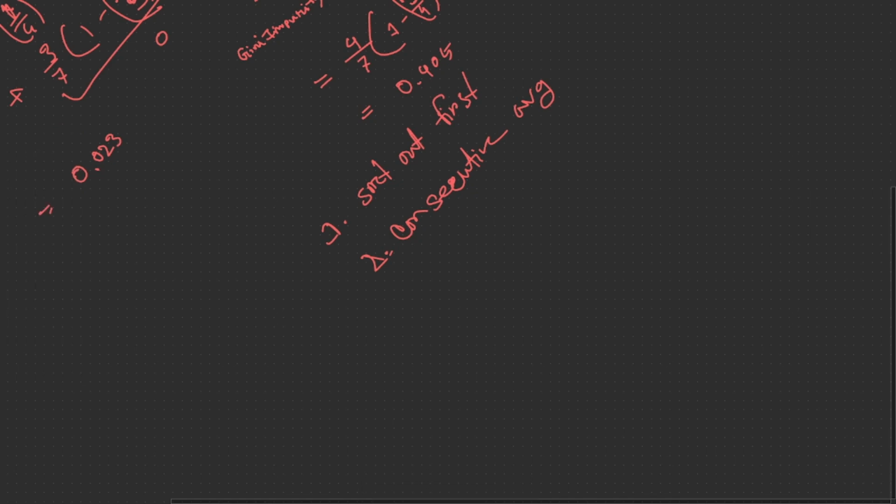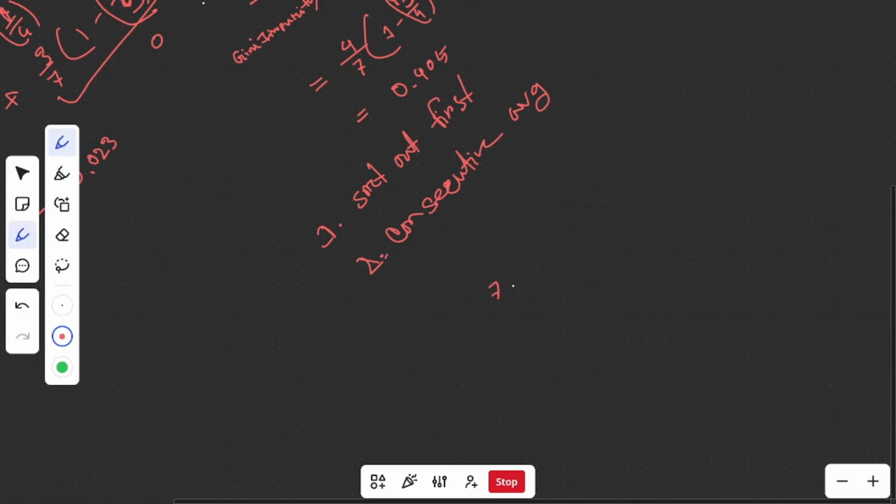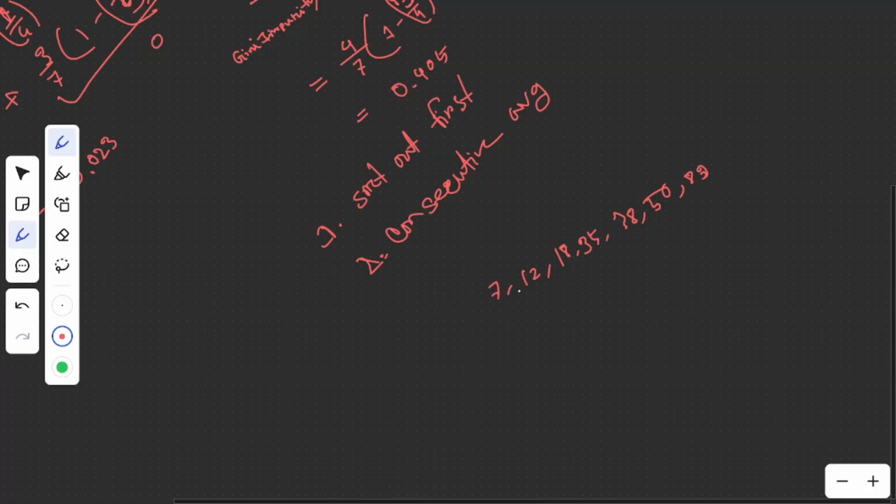So the given data is like 7, 12, 18, 35, 38, 50, 83. This data is sorted, so we don't have to sort this again. So we have to find out the consecutive average.